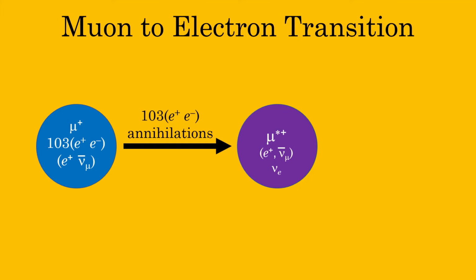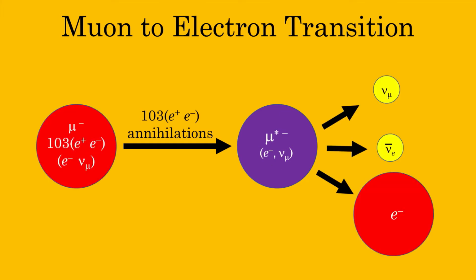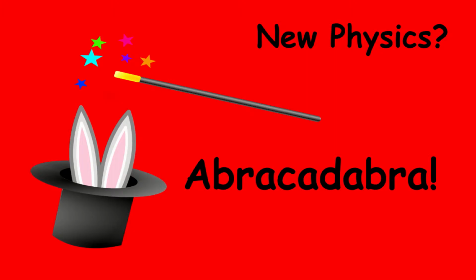This apparently causes the muon to decay into three particles: a muon neutrino, an electron, and an electron antineutrino for a negative muon, or a muon antineutrino, a positron, and an electron neutrino for a positive muon. So, where did the electron neutrino or antineutrino come from? Is this more particle physics magic?